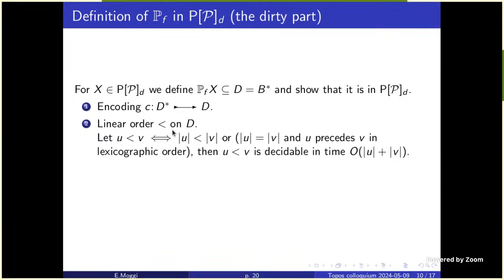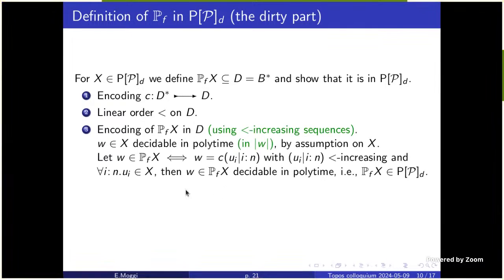Second thing that I need is a linear order on D that should be easy to compute. Of course, the obvious definition of linear order between bit strings is to say that U is less than V if it's shorter, or if it's the same length, but in lexicographic order comes before V. This predicate is easy to decide because it's linear time decidable.